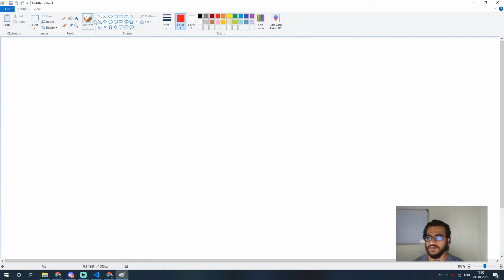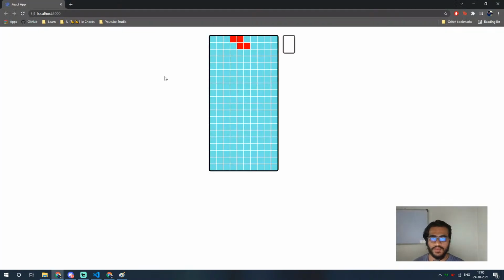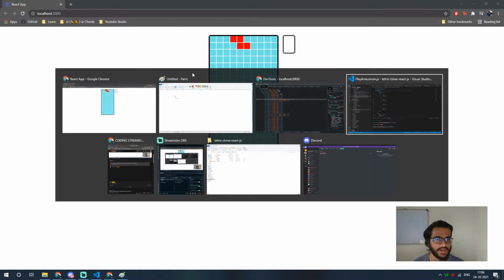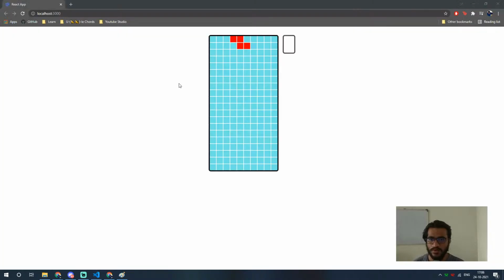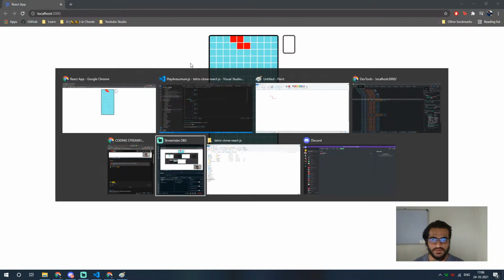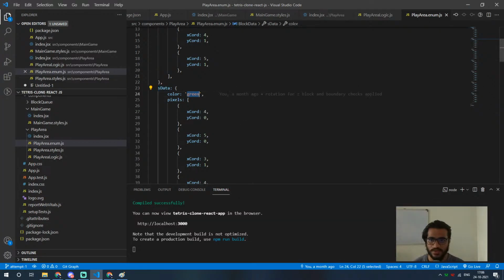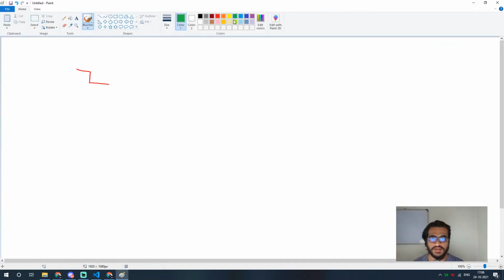it was this block. And then we have the S block, which was in green color, and it was in this shape, right?